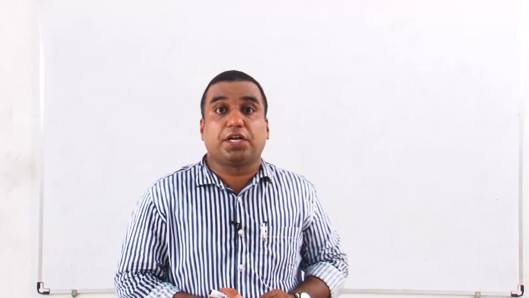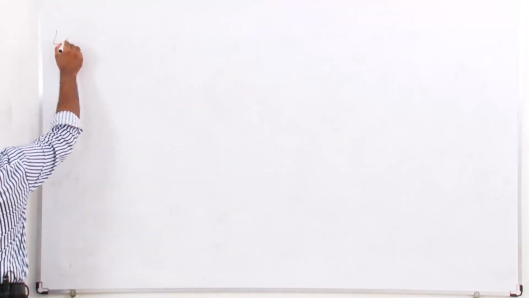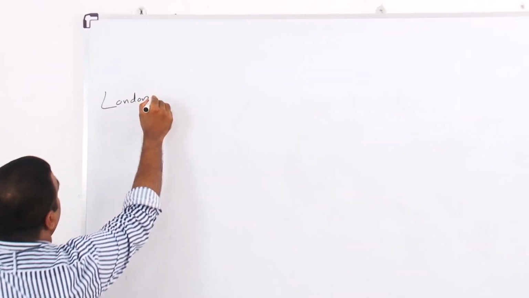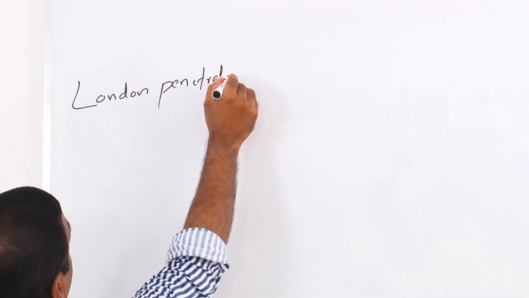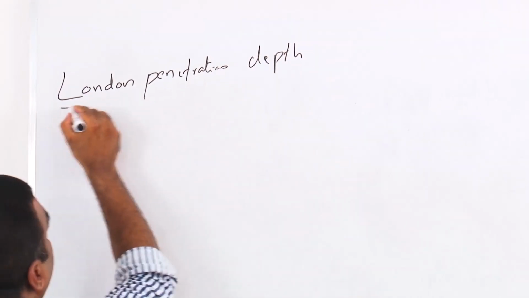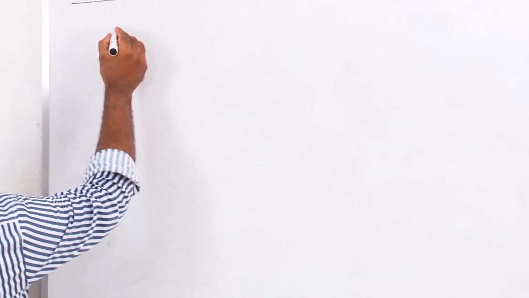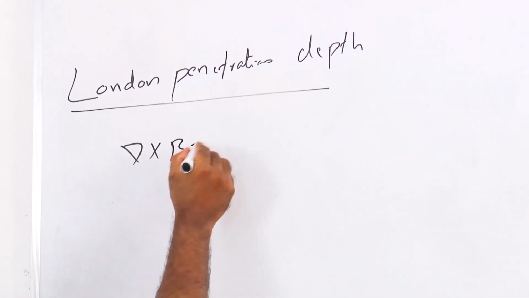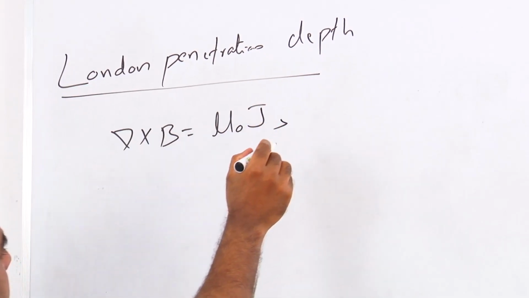Okay, London penetration depth. We have from Maxwell's equation del cross B is equal to mu 0 Js.